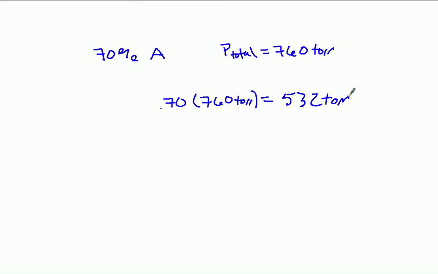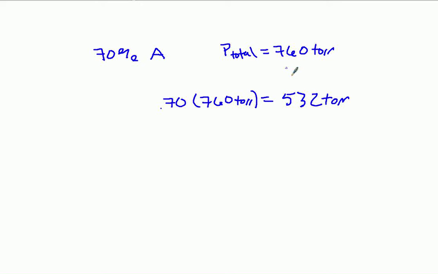Now, the other thing I could ask you is, well, what part of that pressure came from gas B? If there's only two gases in that system, I could do one of two things. I know that 30% of the gas mixture is obviously B. So I could take 0.3 times 760, but I could also just be smart. I know that it's 760 total.